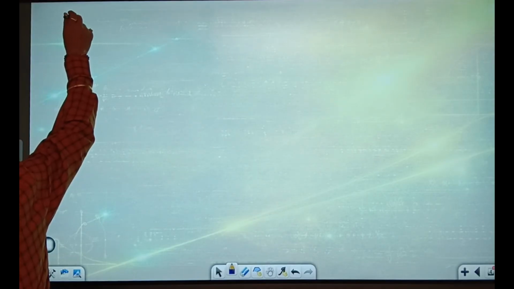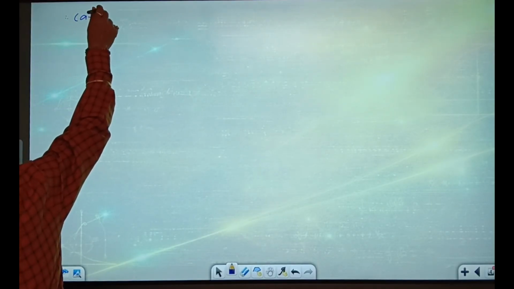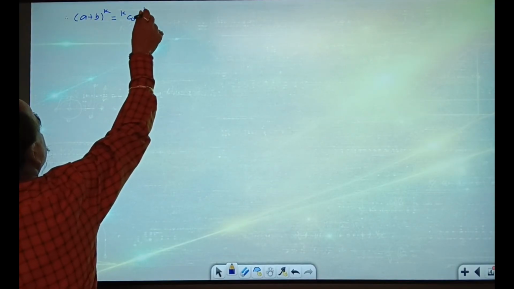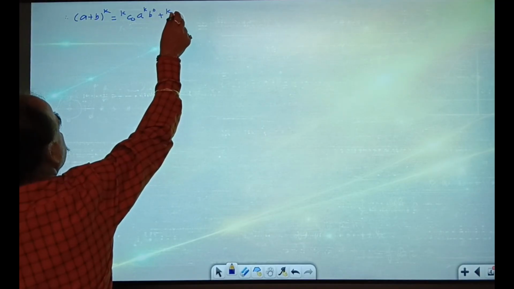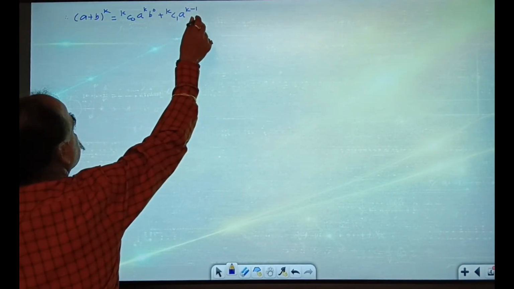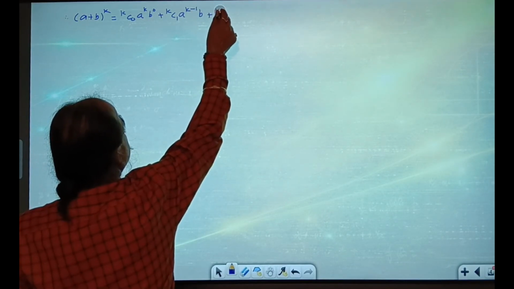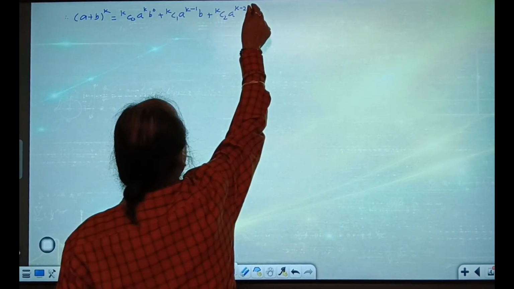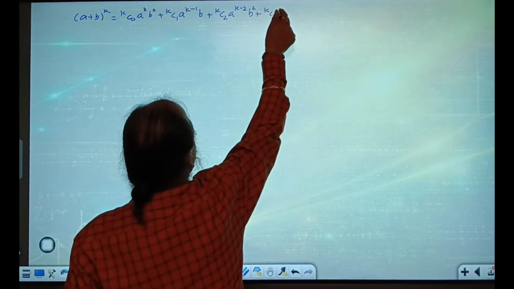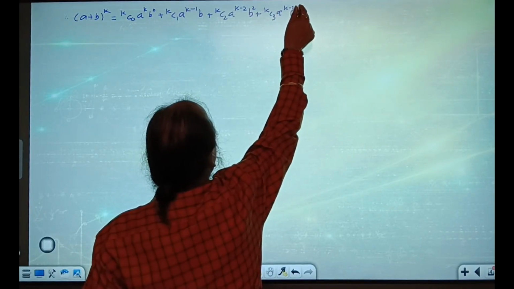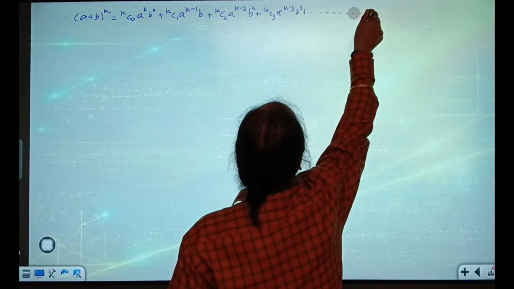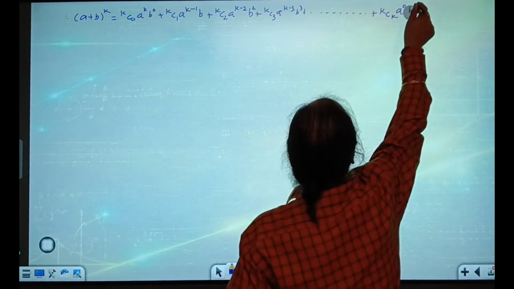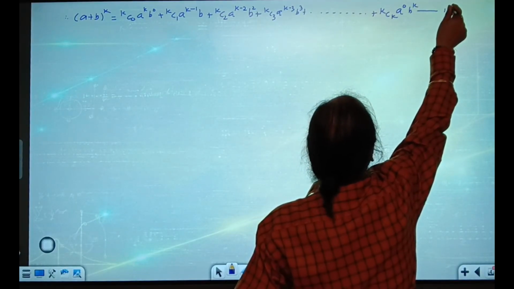Therefore, (a plus b) raised to k is equal to kC0 a raised to k, b raised to 0, plus kC1 a raised to k minus 1, b, plus kC2 a raised to k minus 2, b square, plus kC3 a raised to k minus 3, b cube, plus kCk a raised to 0, b raised to k. Write this as equation number 1.